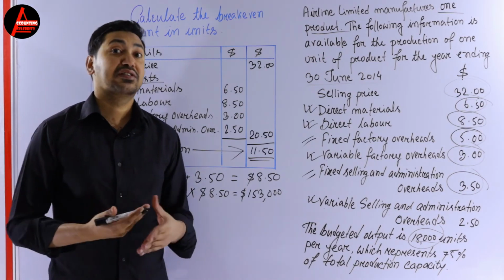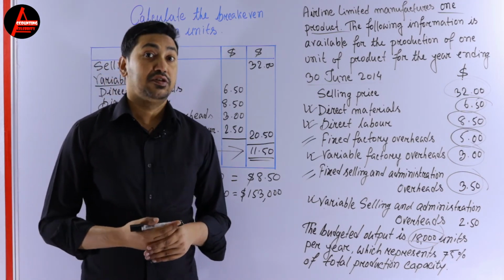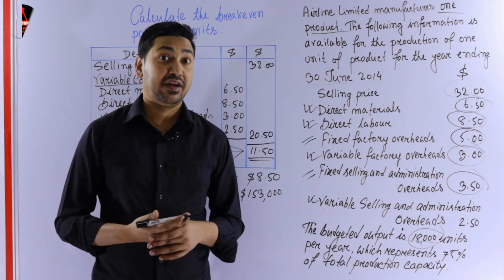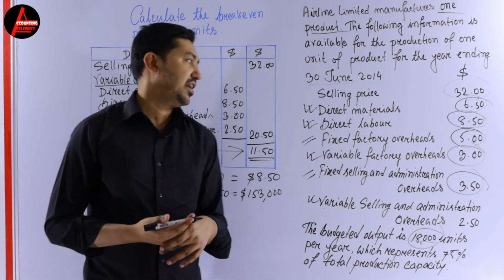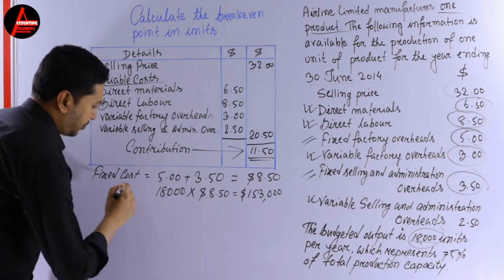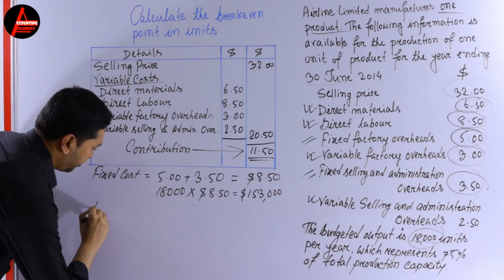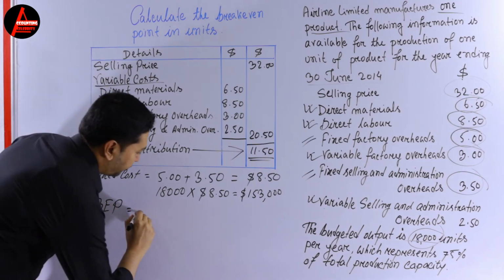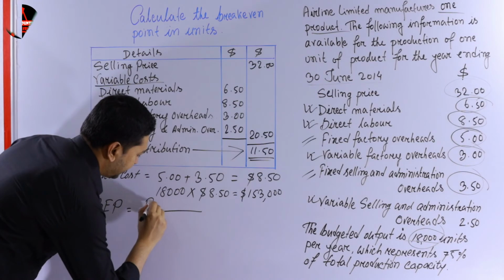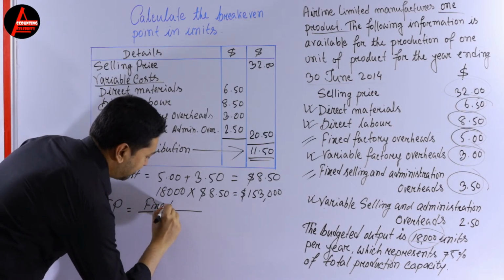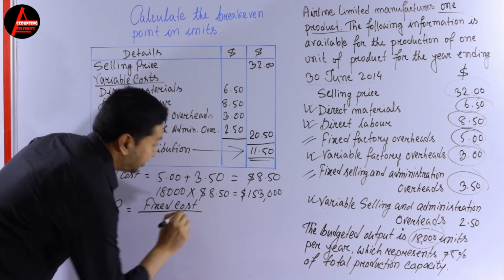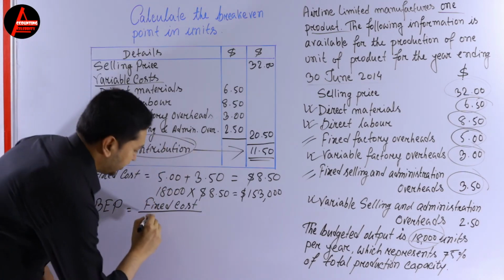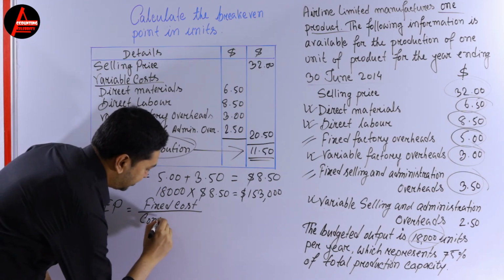So what is the formula for break-even point? We know break-even point equals fixed cost divided by contribution. So BEP equals fixed cost divided by contribution.